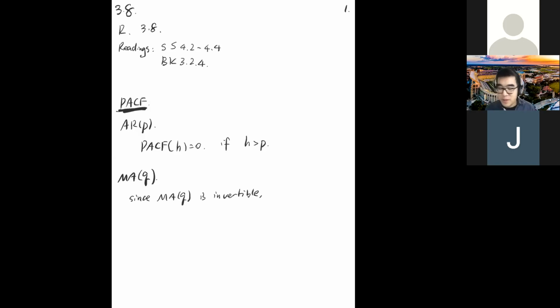Since this MA(q) is invertible, we can write it as an infinite AR representation, the AR infinity representation.